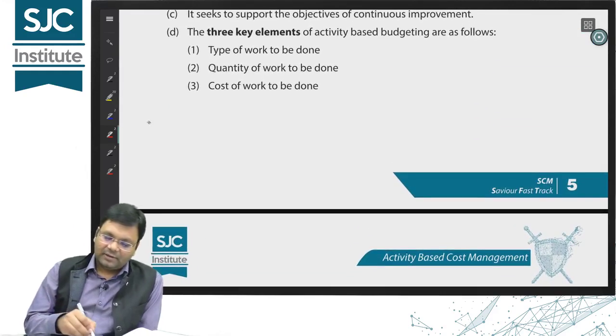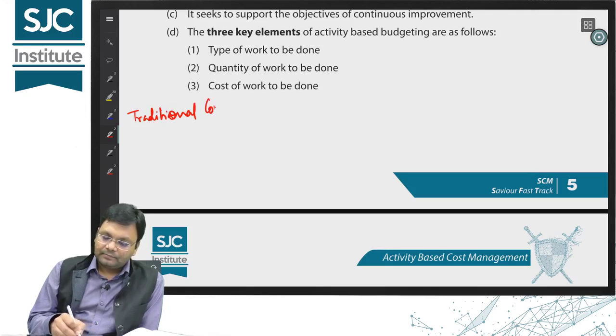Activity-based budgeting is what? First, let us talk about what happens under the traditional costing system. You have departments, say department A and B, and then there are costs of departments, say 10 lakhs and 15 lakhs.